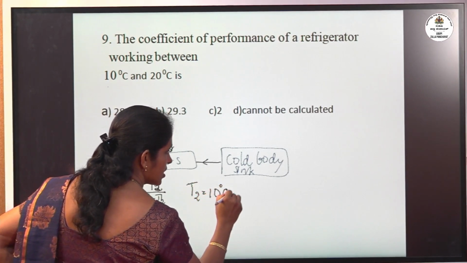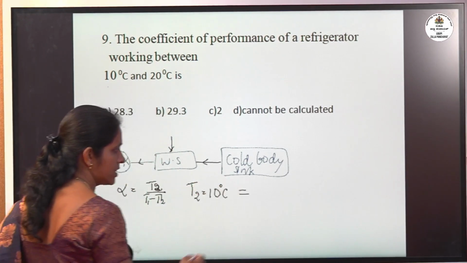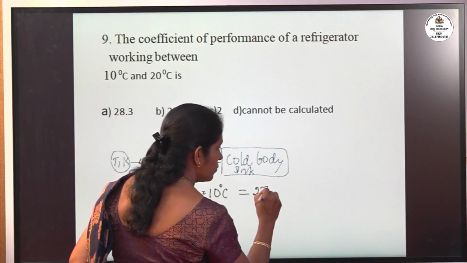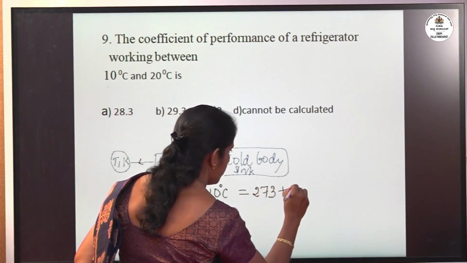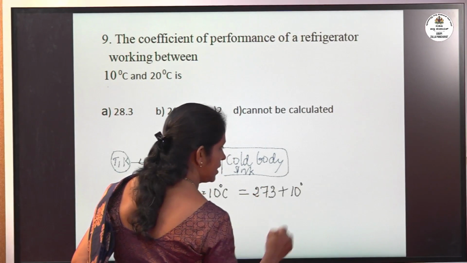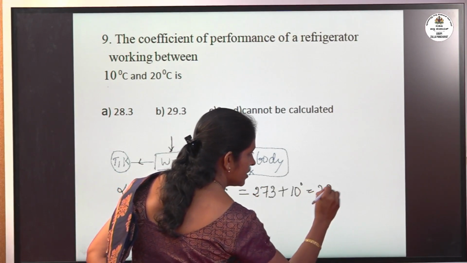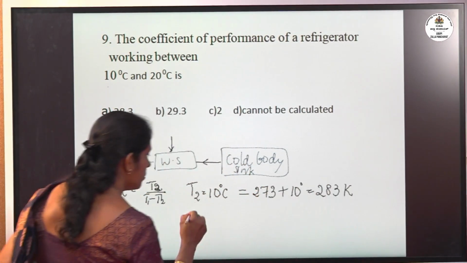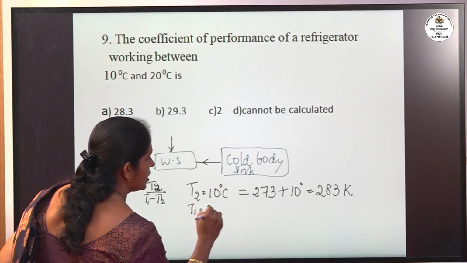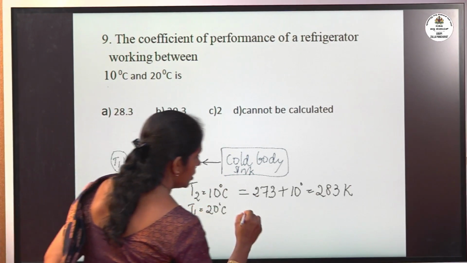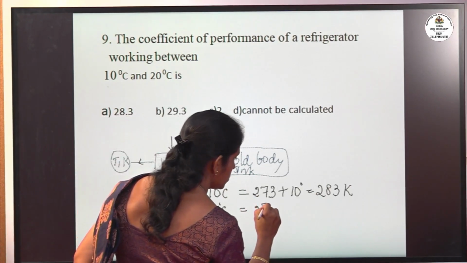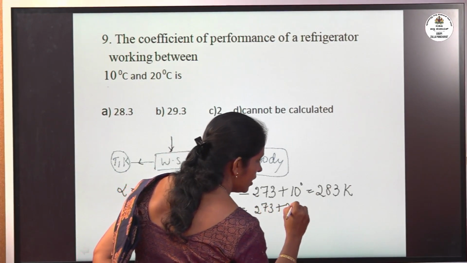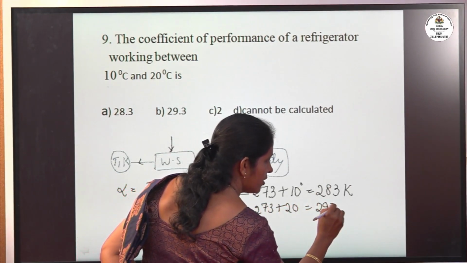10 degrees Celsius, convert it into Kelvin scale. We can convert degree Celsius to Kelvin scale by adding 273. Now this is 283 Kelvin. Temperature of the hot body is 20 degrees Celsius, which is equal to 273 plus 20, 293 Kelvin.